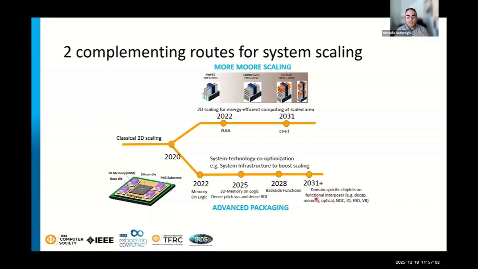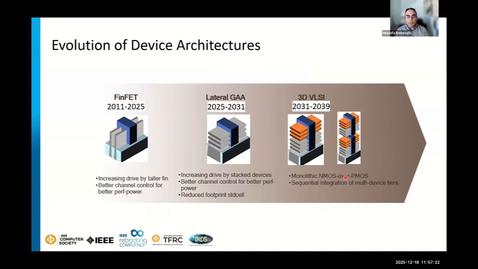And then domain-specific chiplets, which can also be wafer scale, integrating a fully functional wafer or a very large interposer, putting all these elements together: connectivity, power distribution, and it can also be memory as well as optical at wafer scale. So this is the device architecture evolution, where in the next decade, through functional partitioning with fine pitch via, that will enable 3D VLSI right after lateral gate-all-around technology.